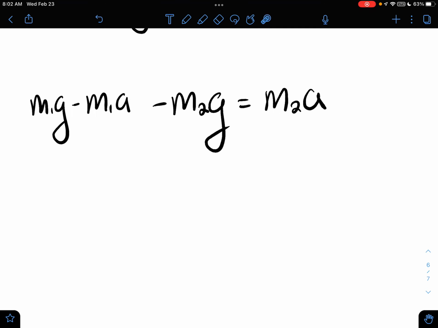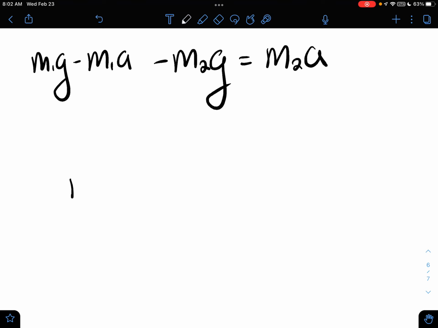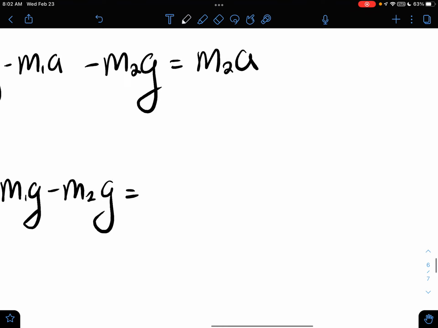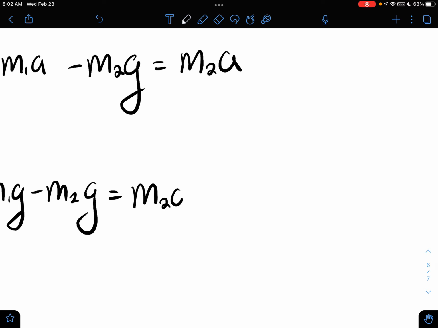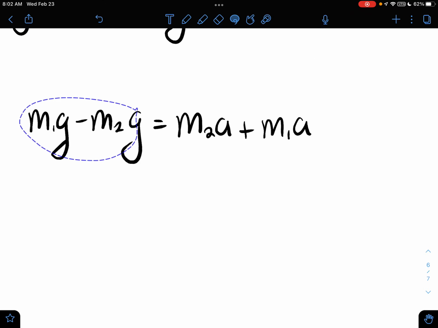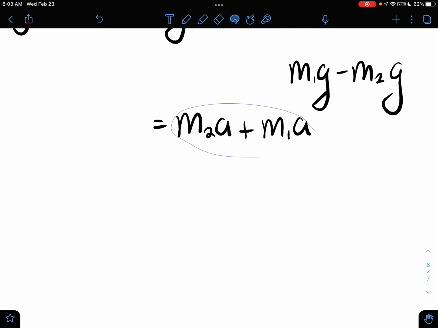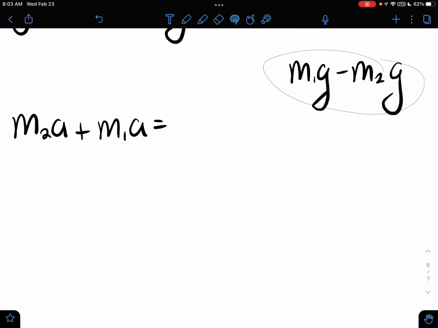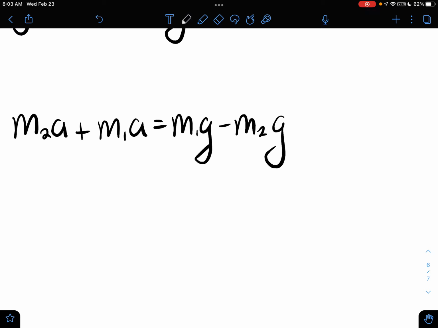I'm going to do the same thing I did before and get all of our acceleration terms to the same side. So M1G minus M2G equals M2A plus M1A. Actually, I'm going to switch the sides because I want to have what I'm working with on the left side. That just makes it easier for me to think about. It doesn't matter which side of your equation it's on.